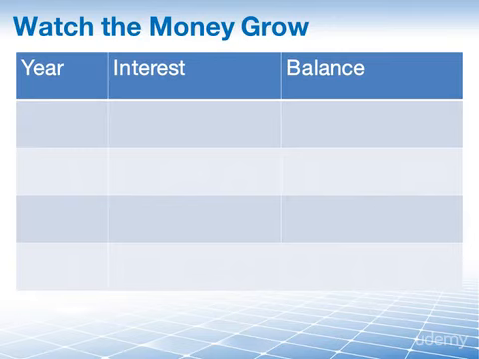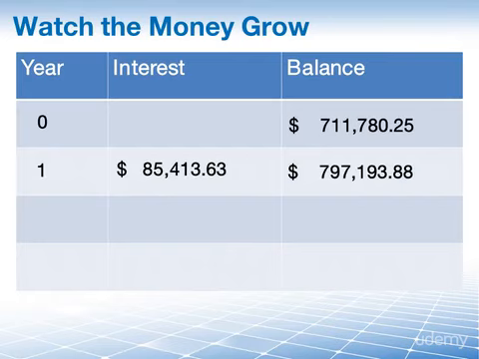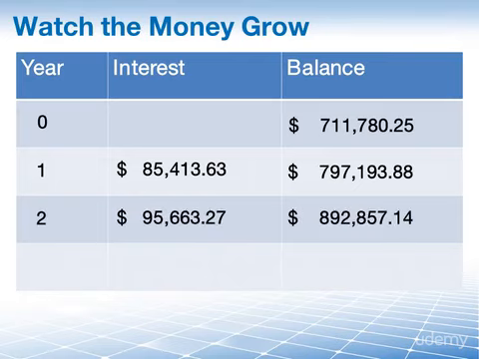Now let's see how this money actually grows from $711,780.25 as our initial investment all the way to the 1 million. So we see in the first year we are able to earn the 12% interest, roughly $85,000. And the balance has now gone up by those roughly $85,000. We're already having $797,000 in our bank account. In year 2, once again, we receive 12% interest. But of course, the 12% interest is now on the balance of $797,000.